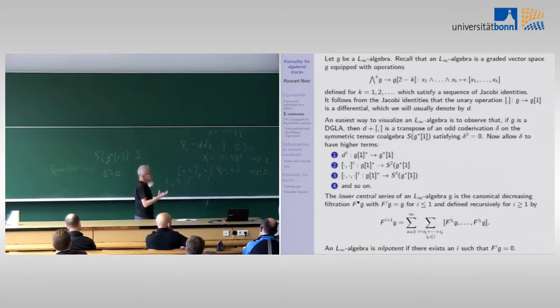Precisely the example of a differential graded Lie algebra: the transpose has two components. There is the transpose of the differential, and there is the transpose of the bracket, which maps from G star to G star tensor G star. The symmetric condition just says that the bracket is antisymmetric.